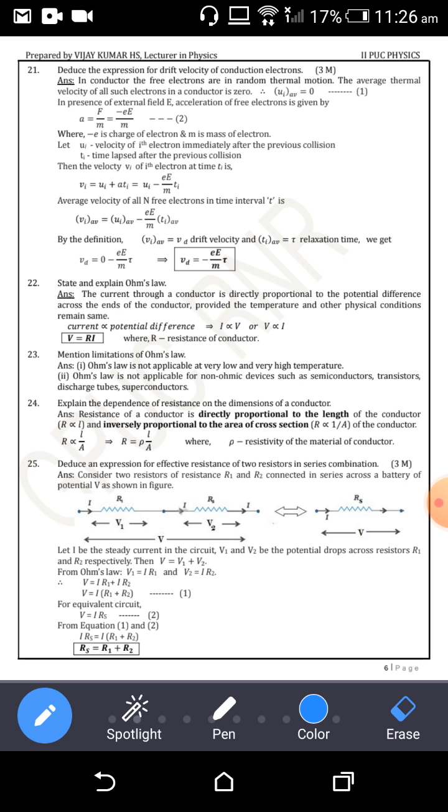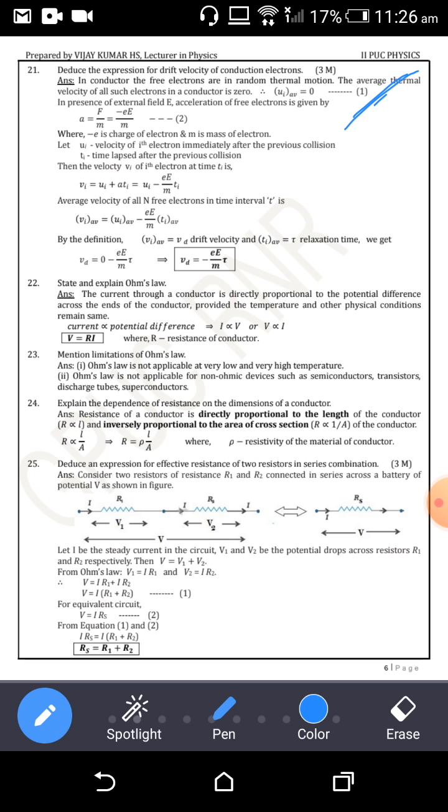Next it is said that the average velocity of all n free electrons in a time interval t is u subscript i minus e into E divided by m into t subscript i average. From equation 1, the value of u subscript i average is equal to 0.